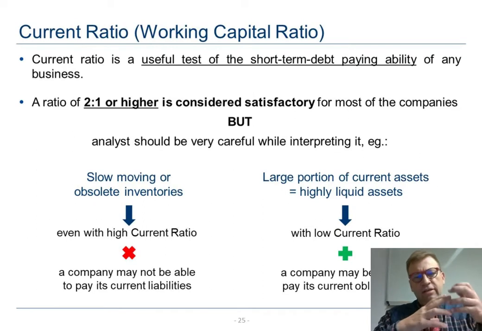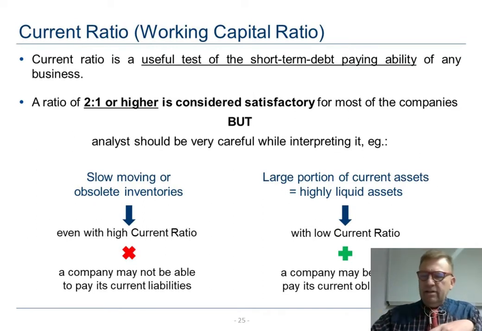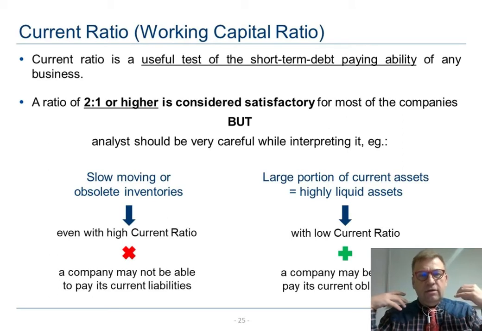Because if there is a company, for example, that has very slow moving inventories, meaning they are on stock for a very long time, or obsolete inventories. Obsolete means you cannot sell them, or it's very difficult to sell, or if you sell, it will be with a huge loss.